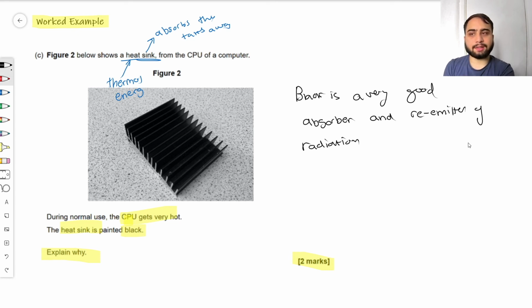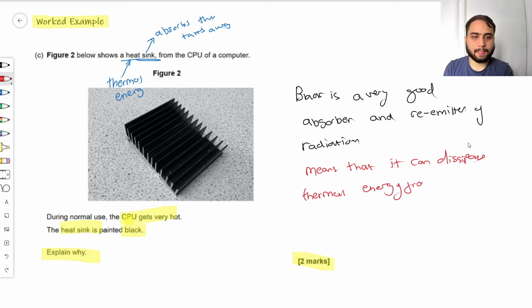So it being black and it being a very good absorber and re-emitter of radiation means that it can dissipate thermal energy from the CPU, effectively keeping it cool. And that's it. That's our 2 marks right there.